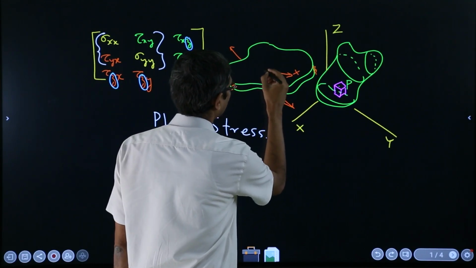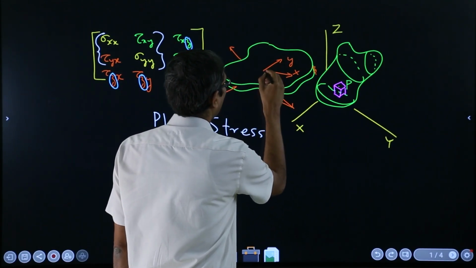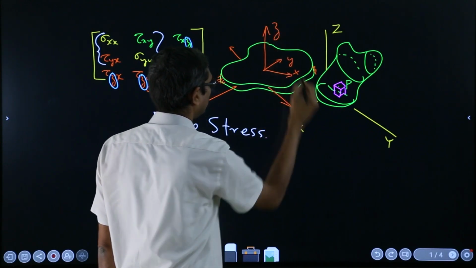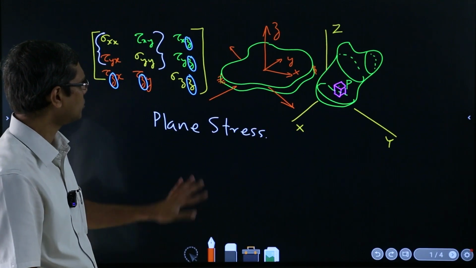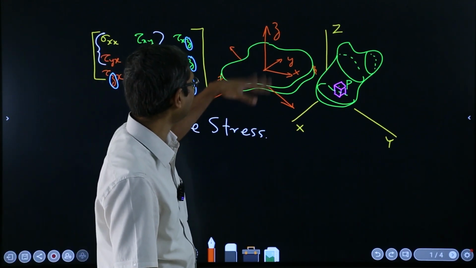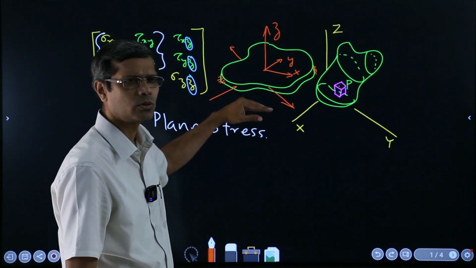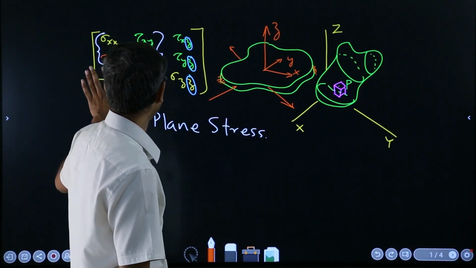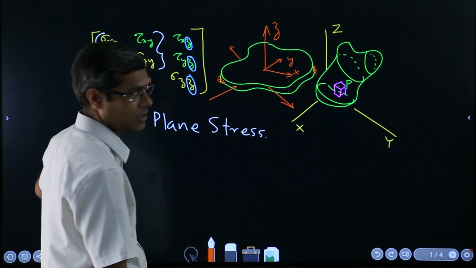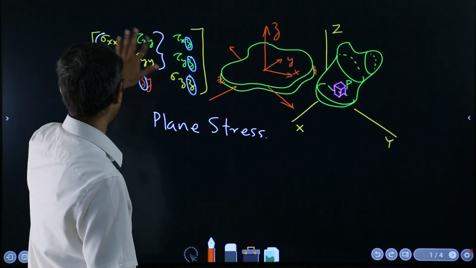So this is x and this is y, and the z is coming out of the plane of the body. That is why nothing happens in the direction of z, that means no change happens. So we can safely delete these things from our discussion, and we are concerned only with this.